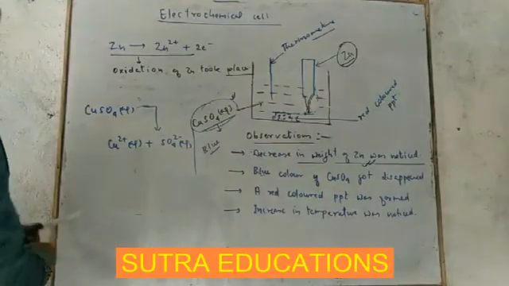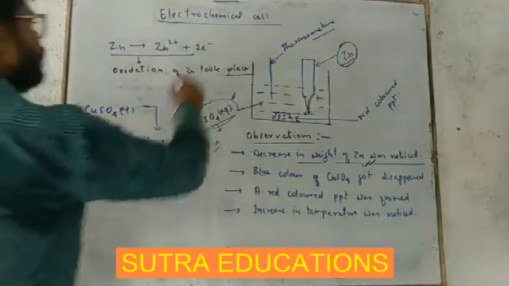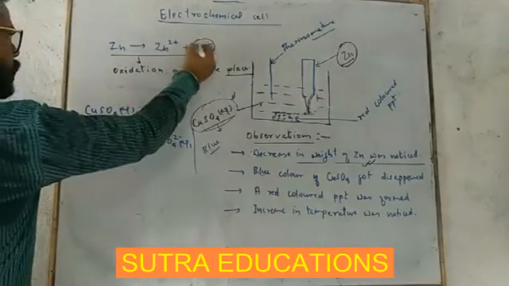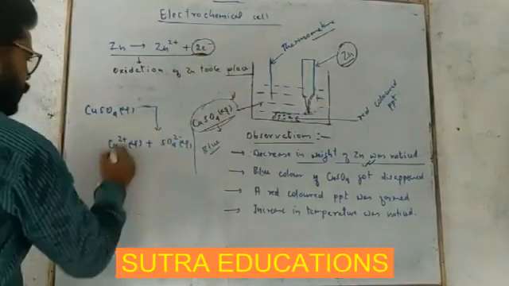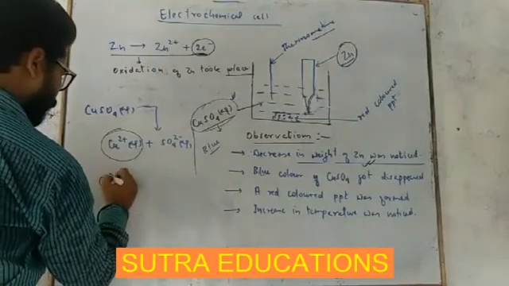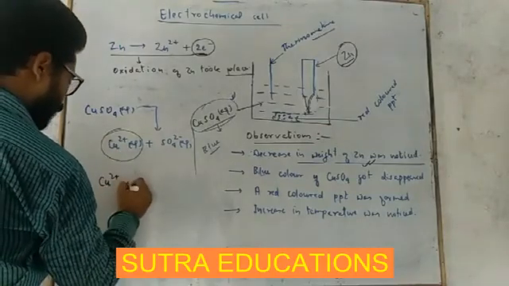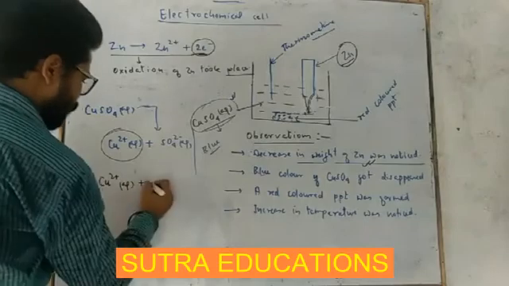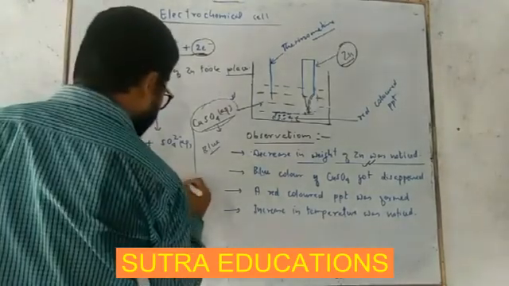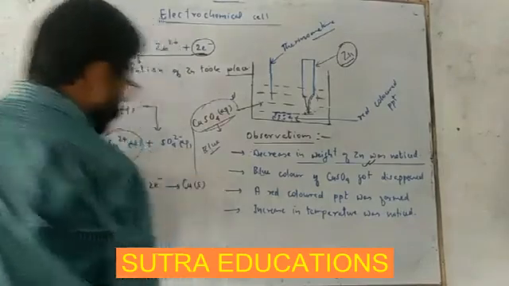And the 2 electrons released by zinc are used by this Cu2+ aqueous, which accepted the 2 electrons released by zinc and formed copper, which is solid.